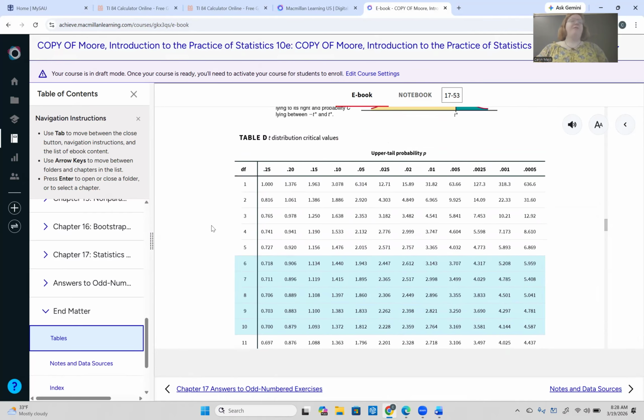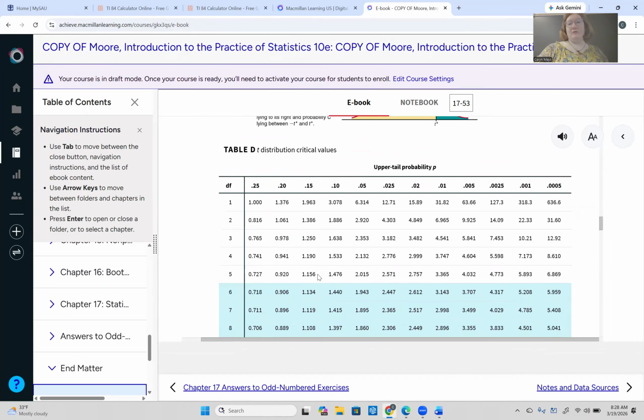We're doing a 95% confidence interval. So what would the upper tail size be? Basically, which column am I looking in? If we take our curve, our 95% confidence interval is centered.